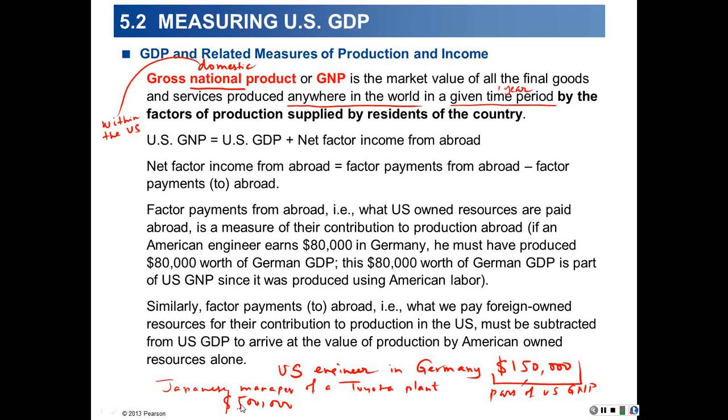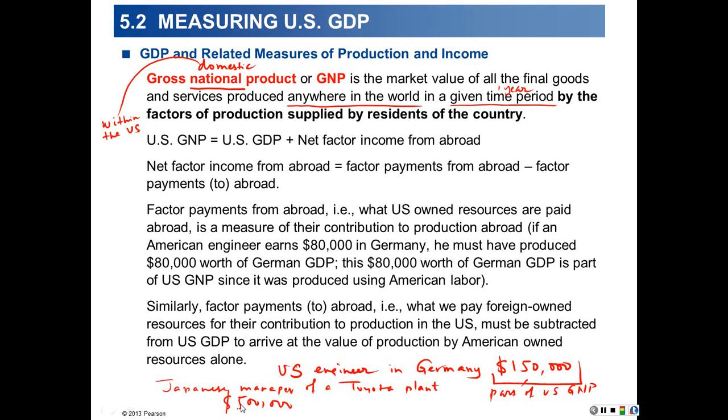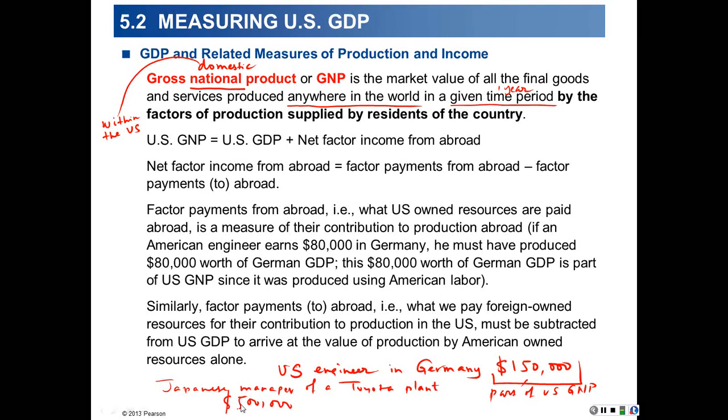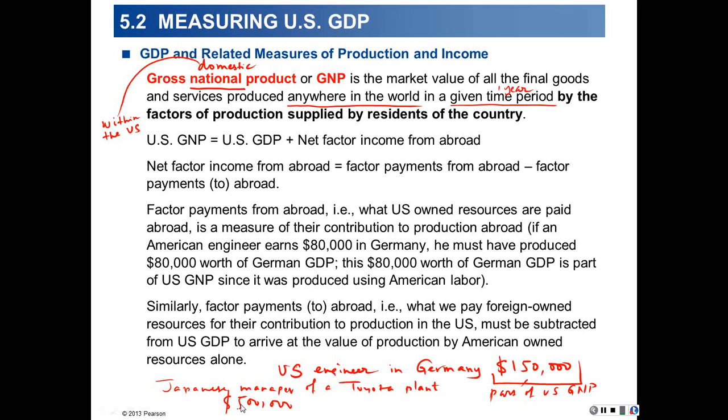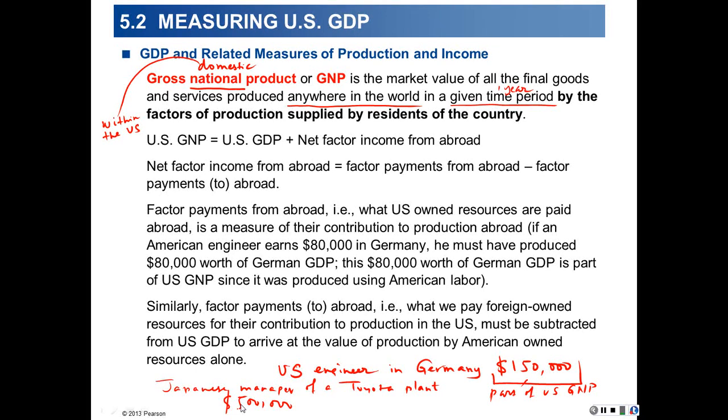But the question is, is that 500,000 part of US GNP? In other words, was this production carried out using American resources? No, because he's a Japanese gentleman. He's a Japanese resource. Correct? So that 500,000 is not part of US GNP. It is part of US GDP, but not part of US GNP. Am I making sense to you?